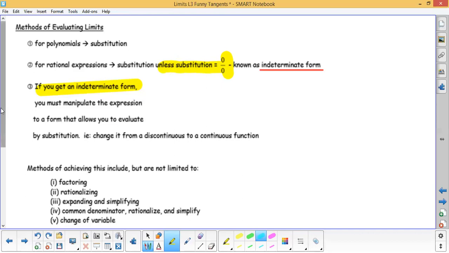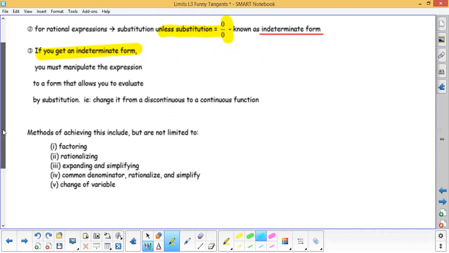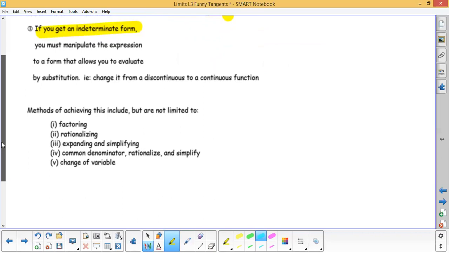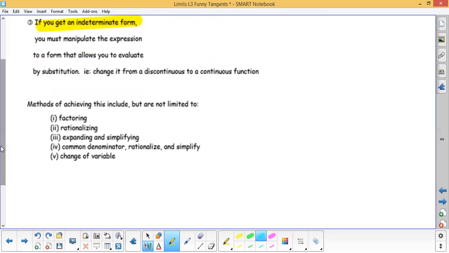So methods of achieving this. If you look at this list and think, oh, I really hated that before, you've got to get better at it in order to do well in calculus, because it's going to come up over and over. The skills of factoring, the rationalizing skills.